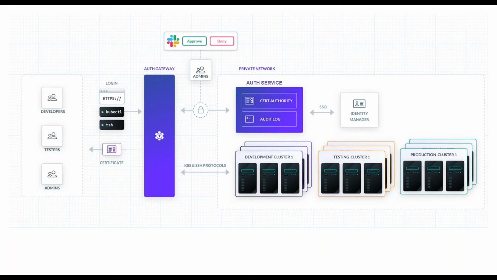And as I mentioned, each user is issued a certificate. They work with the Auth gateway, also called the proxy, and that is your main interaction in terms of the web UI, as well as how the command line will first authenticate and then integrate in terms of issuing SSH or Kubernetes protocols. We have another component, as you see on the right, called the Auth service.